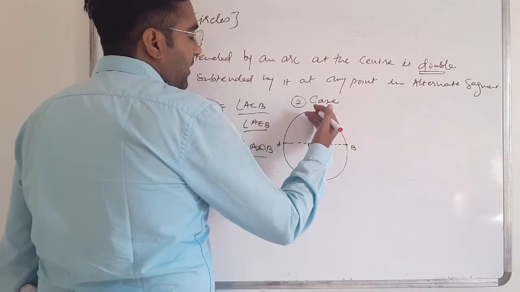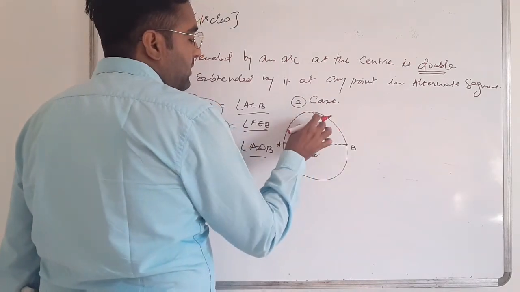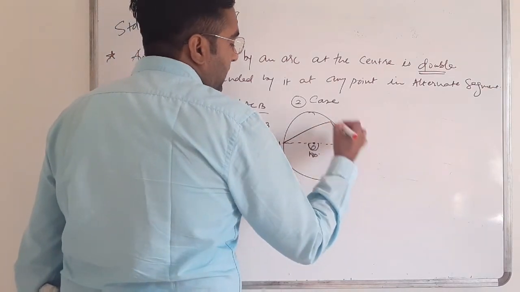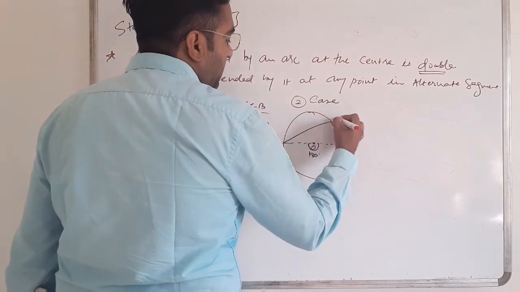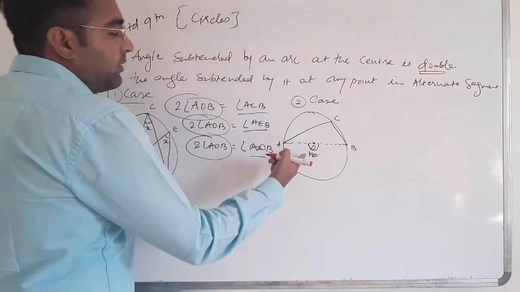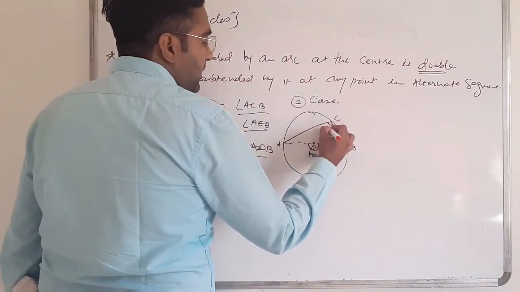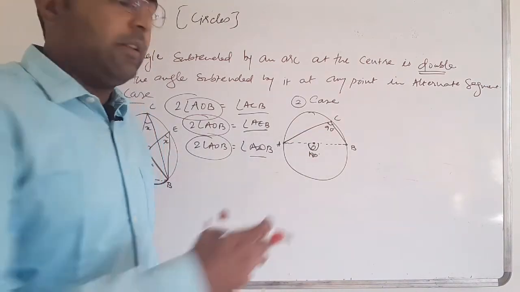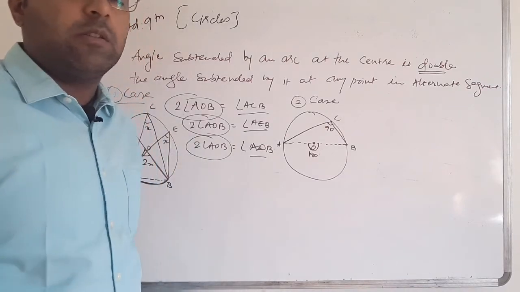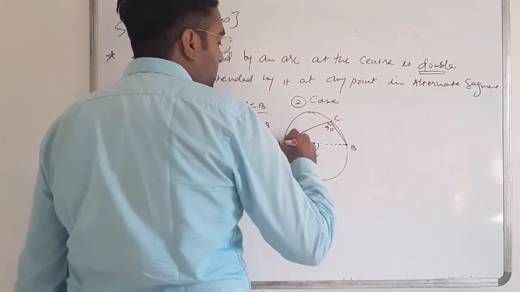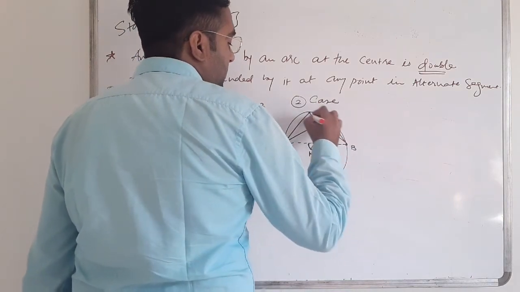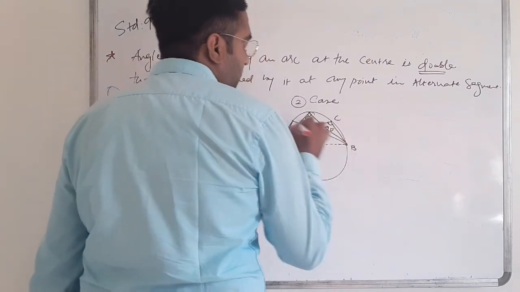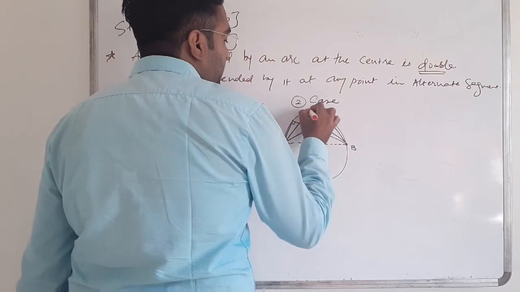So in the alternate segment of the circle, the remaining upper part, any angle formed is half, and I'll give the name C. So this is 180 degrees, so here my angle is always 90 degrees. Likewise this angle is also 90 degrees. If you draw one here, this is also 90 degrees. Clear that?